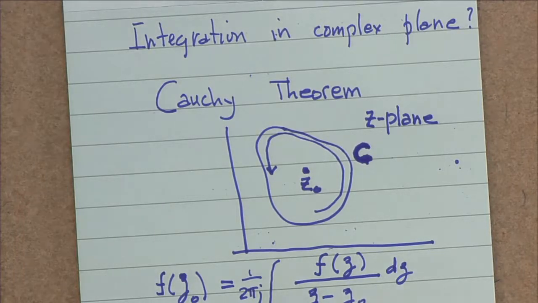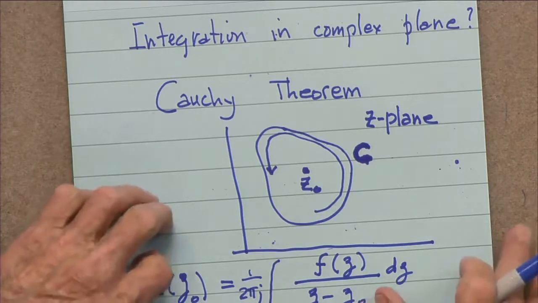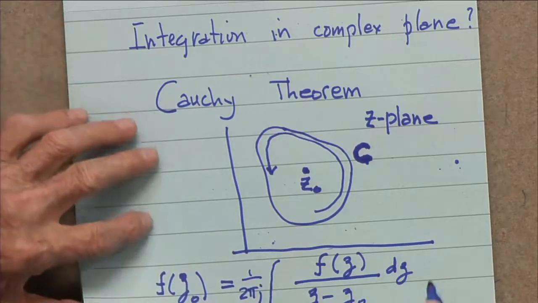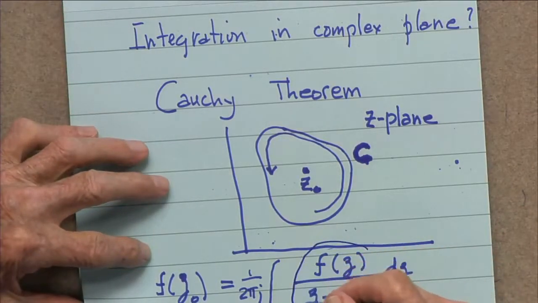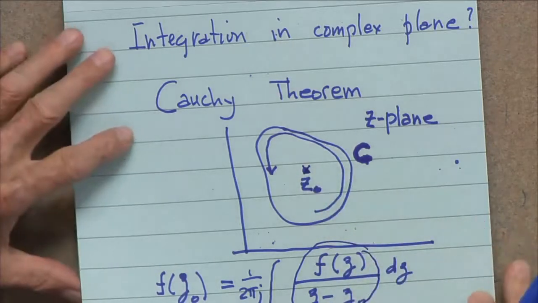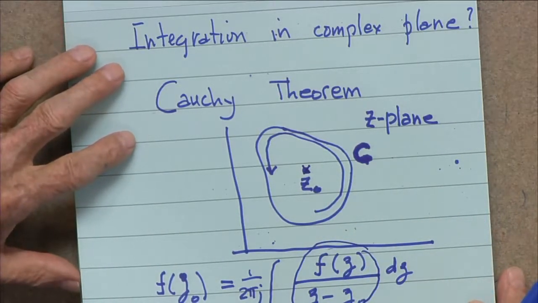Looks like that's it. So what's interesting here is that this says that this function has a simple pole at that point.